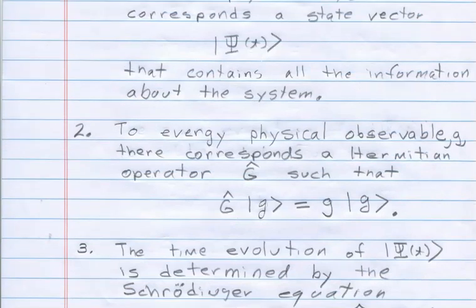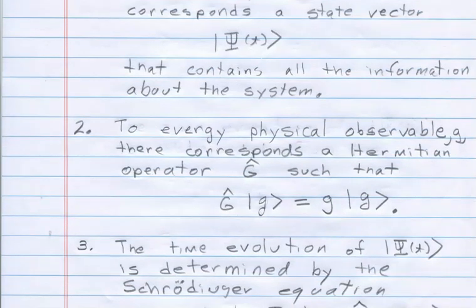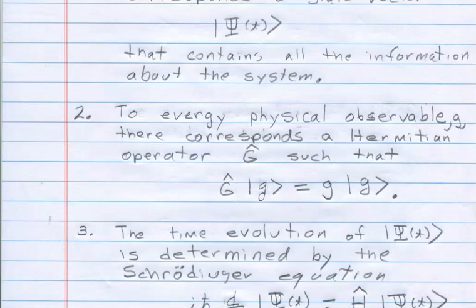To every physical observable g, so g might be momentum, for instance, there corresponds a Hermitian operator, as indicated by the g operator, such that g operating on a state gives the value of that g for that state times the ket back again. Okay?